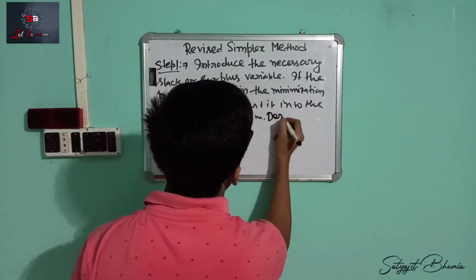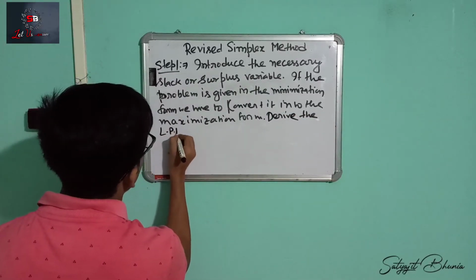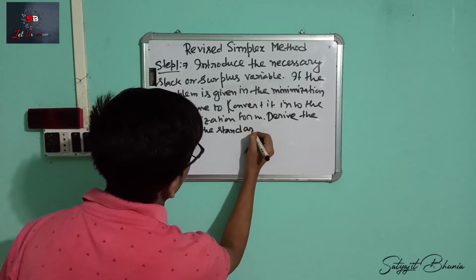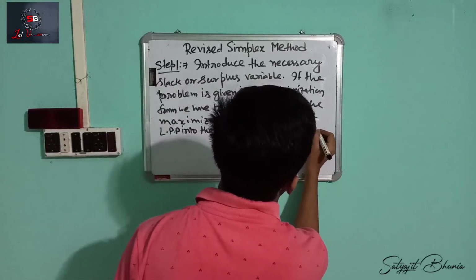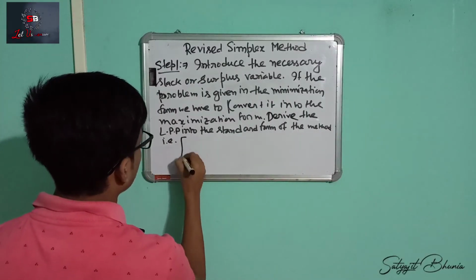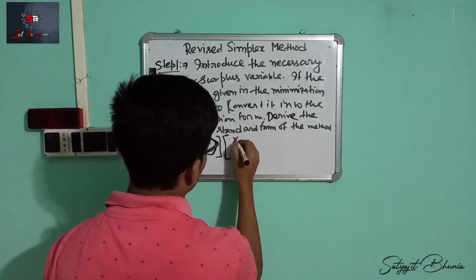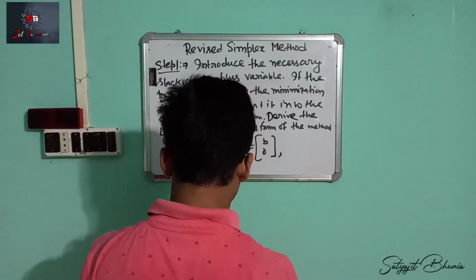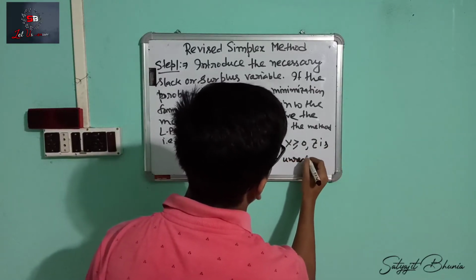And we have to bring the LPP into the standard form of the method, that is the revised simplex method, that is x is greater than or equal to 0 and z is unrestricted.